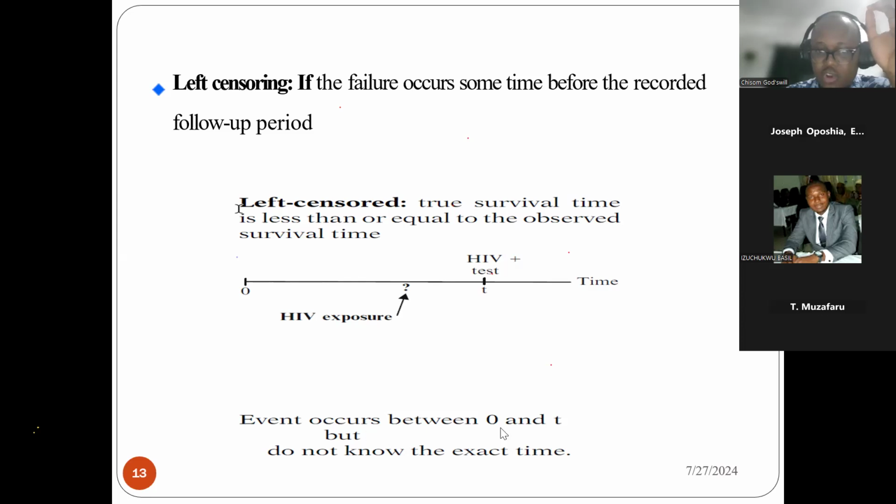The event occurs between 0 and T, but you can't measure the exact time. But for most of the data I've analyzed, the study will start and then we'll start monitoring, so that nobody can drop out or lose the outcome.